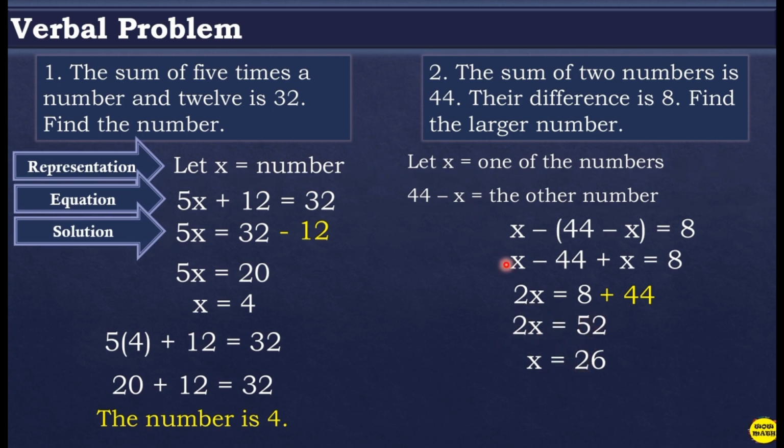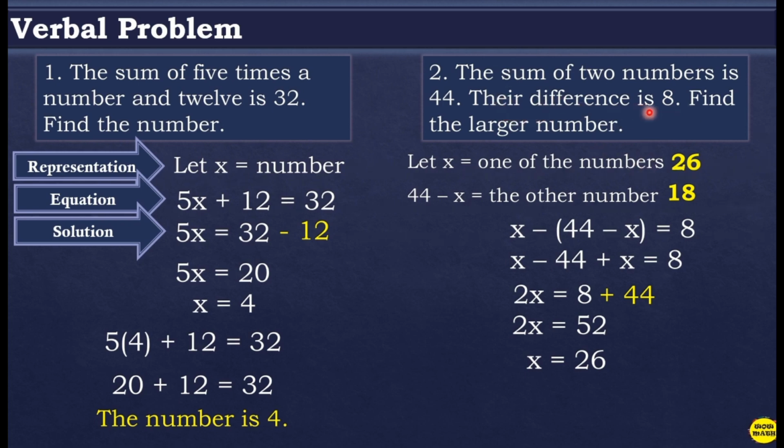Now, looking back at our representation, since x is equal to 26, then 44 minus x is 44 minus 26, that is 18. Looking at the two numbers we have, 26 and 18, 26 plus 18 is equal to 44, which is the sum of the two numbers.